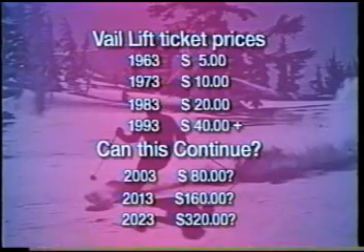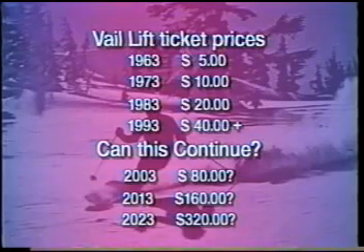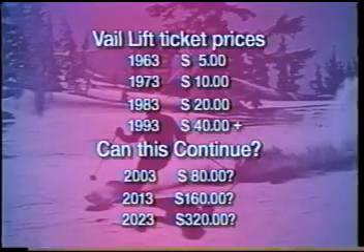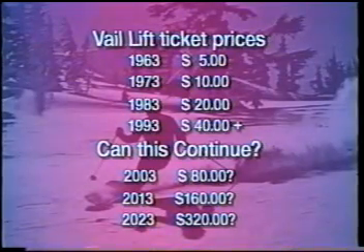So by 1973, the cost had doubled to $10. By 1983, it was $20. By 1993, it was over $40. And if this continues, by the year 2003, you will pay $80 a day for an all-day lift ticket at Colorado's Vail ski area. Now, did you know that that's what 7% per year means?